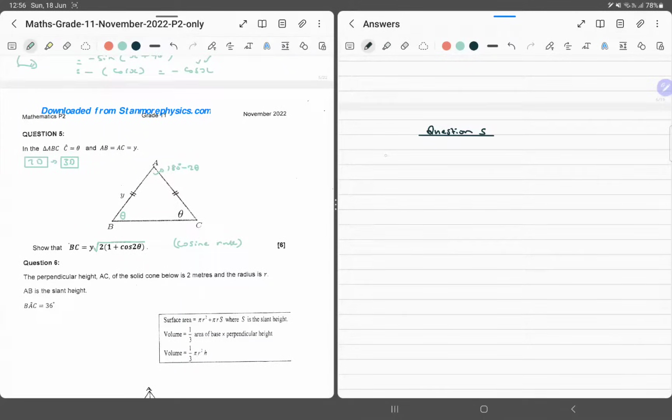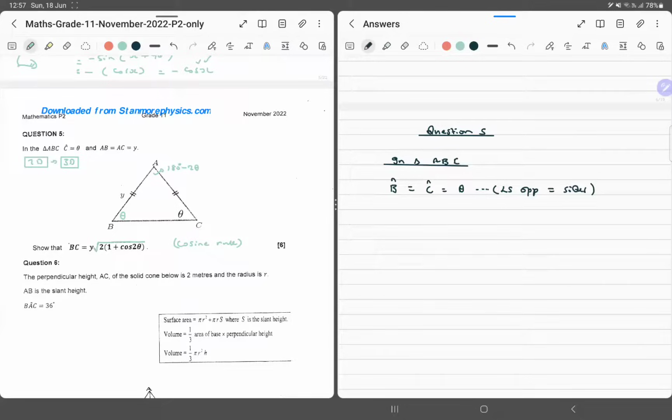So we can start and say here in triangle ABC, we want to work things out. We know that angle B is going to be equal to angle C equals theta. Why? This is angles opposite equal sides.